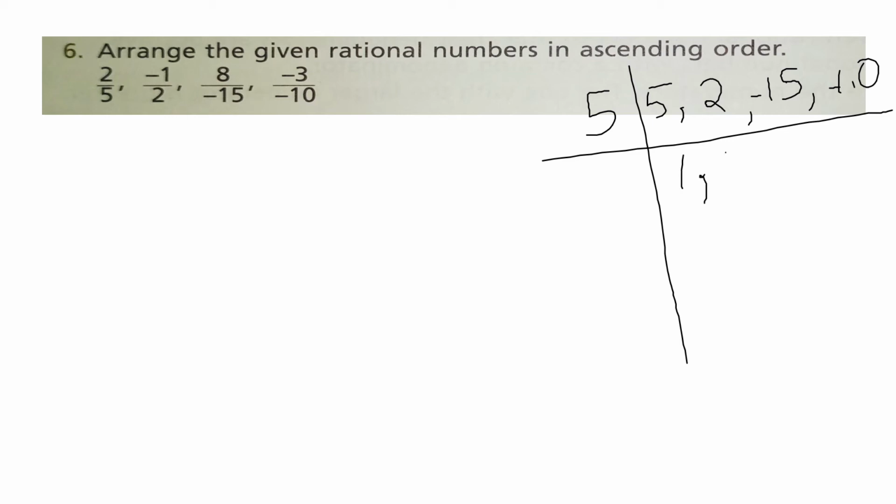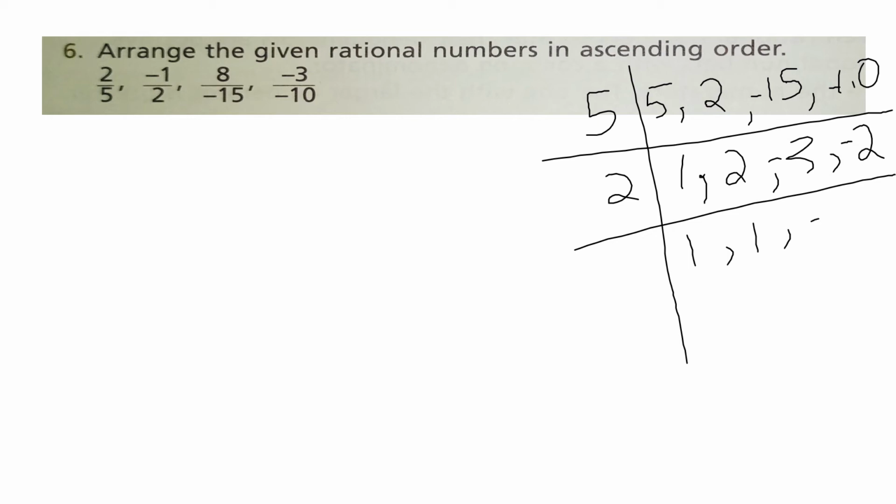5 1s are 5, 5 3s are 15 and 5 2s are 10. Minus sign. Again then do it with 2. Now do it with 3. While taking the LCM you can ignore these signs because you are finding just the least common multiple, so you don't need to write these negative signs here.